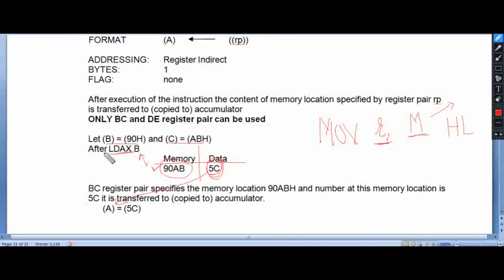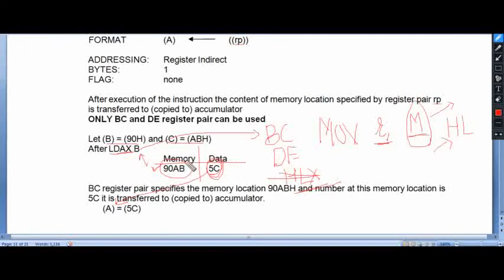In LDAX, we can use the BC register pair to represent the memory, or the DE register pair, but HL cannot be used to represent the memory. For LDAX RP, HL is not allowed.